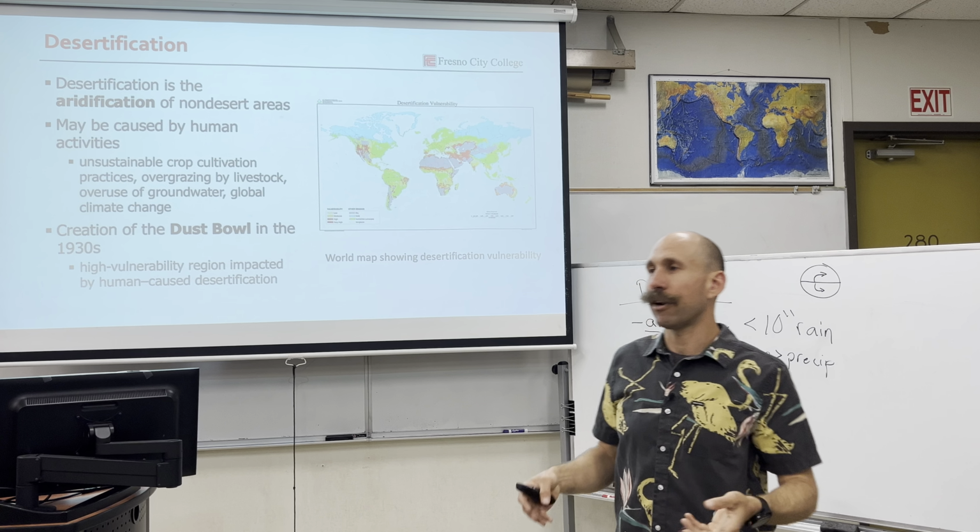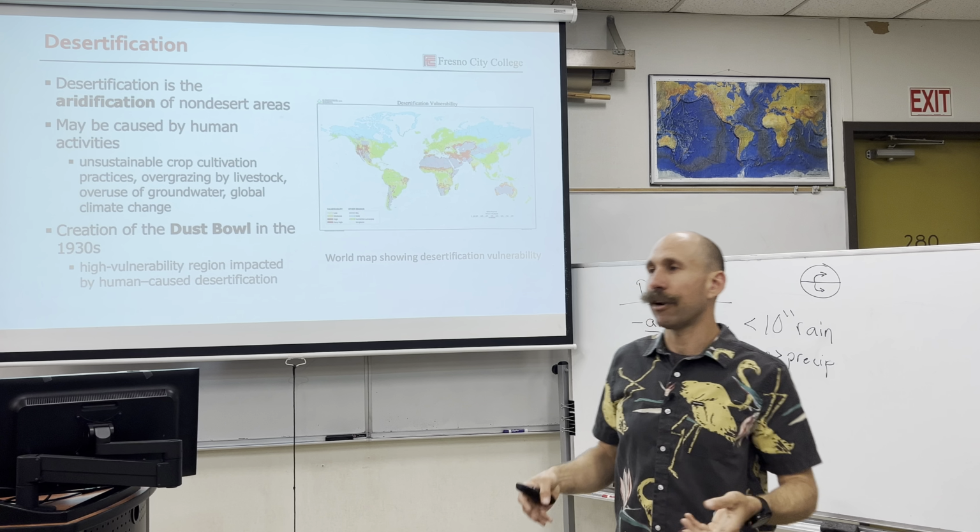Agriculture of crops and livestock, overuse of groundwater pumping, global climate change, all of these led to the Dust Bowl of the 1930s, where, what did we have? We had native grasses covering the Great Plains.